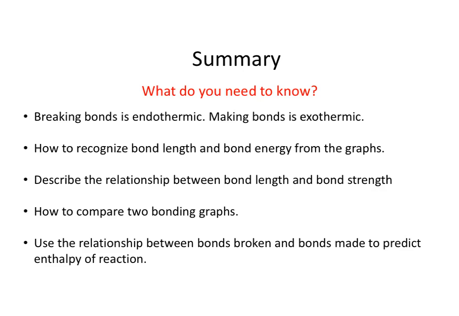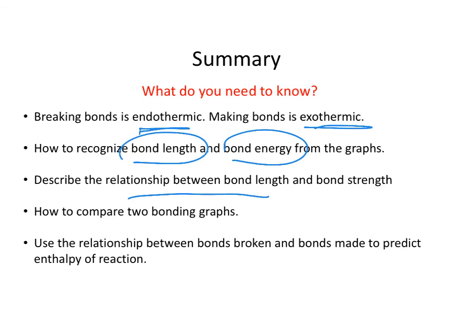All right, so we're done now with this lecture. Here is a quick summary of the key points you should be getting from this PowerPoint. Breaking bonds is always endothermic. Making bonds is always exothermic. Be able to identify the bond length and the bond energy from bond energy graphs. Describe and explain the relationship between bond length and bond strength.